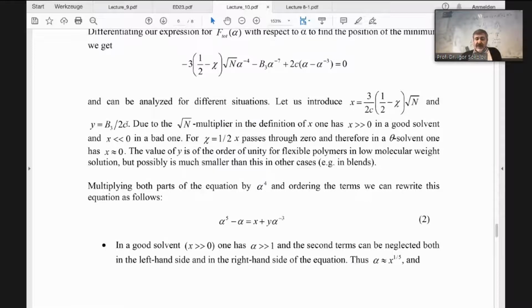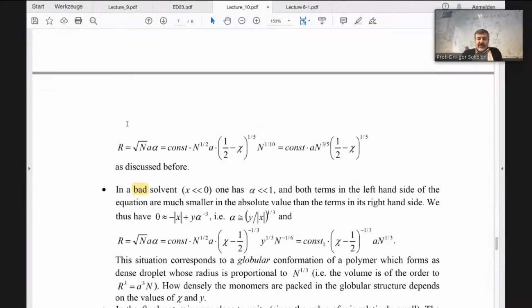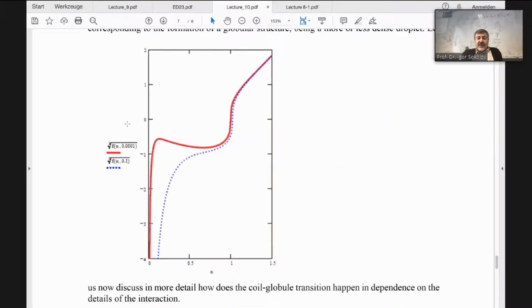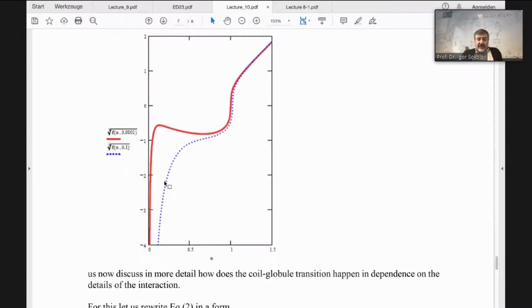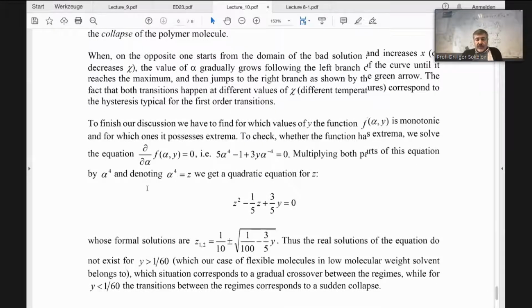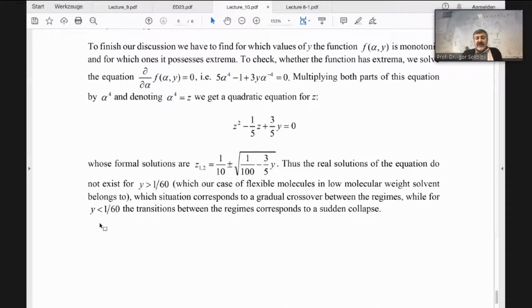This means that for low molecular weight solvent, if B3 divided by C is larger than 1/60, and I know that it is because I know the experimental data, the molecule collapse. Now I know that I will definitely have, for small y's, for large molecular weight solvent, I can definitely come into this regime.